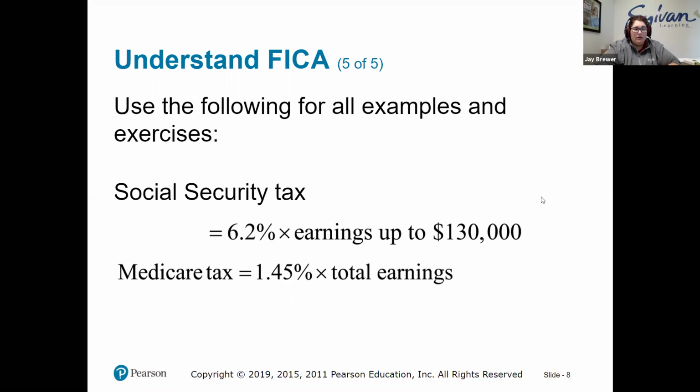Now, as far as the majority of us are concerned, we will probably never have to pay anything higher than 6.2%. And then Medicare tax doesn't change. It's just 1.45% of the total earnings.